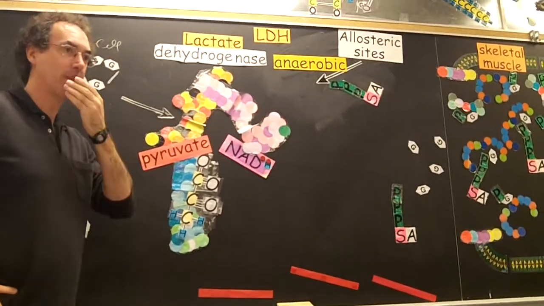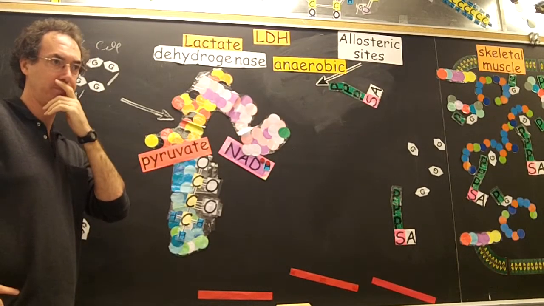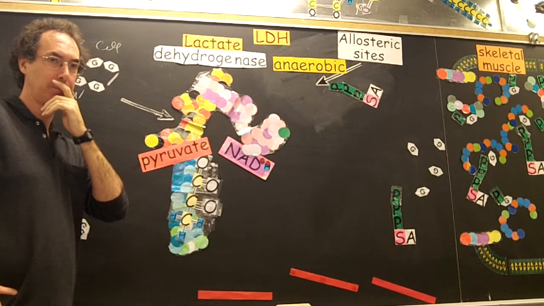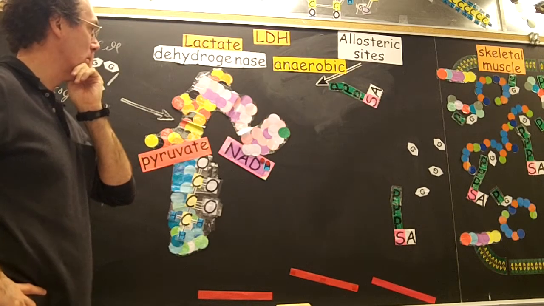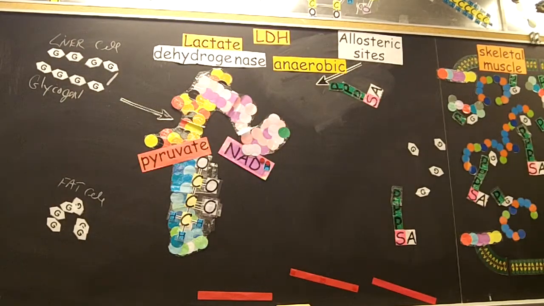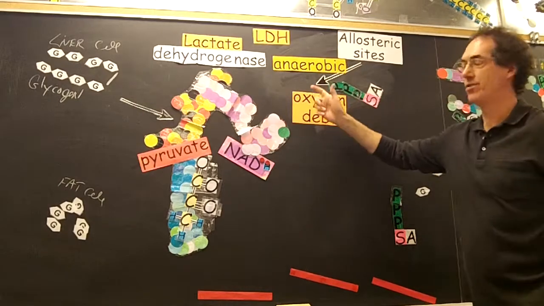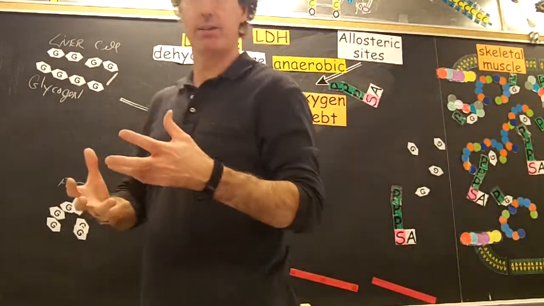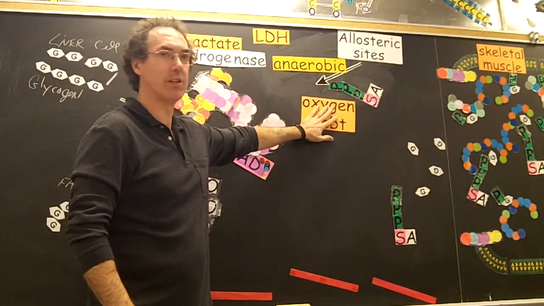All right, let's check this out. Are you ready to start the reaction? Let me tell you one other thing. Not only is this enzyme anaerobic, the cell is in oxygen debt.